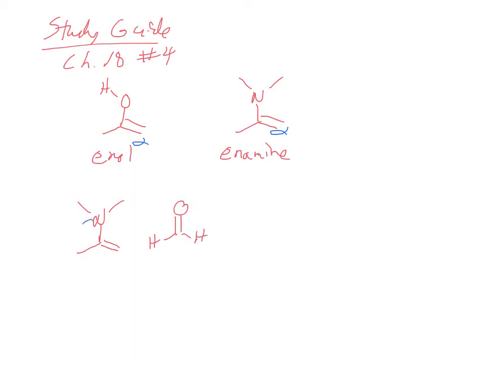So these electrons come down, just like they did with an enol or an enolate. Pi bond attacks, up it goes. We always want to make sure we balance our charges. So we formed a new pi bond. The nitrogen now has 4 bonds, so it should have a plus charge.